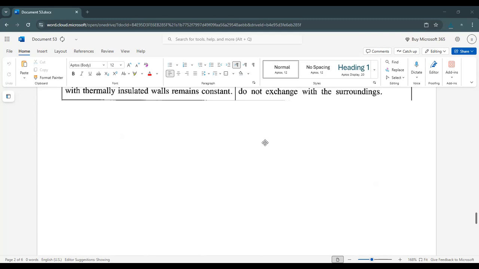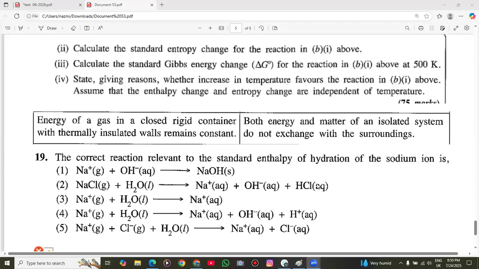Okay. Can you see these two MCQs? Here you have a statement type MCQ and another MCQ. I want you to answer these two MCQs and put the answer in the chat box.